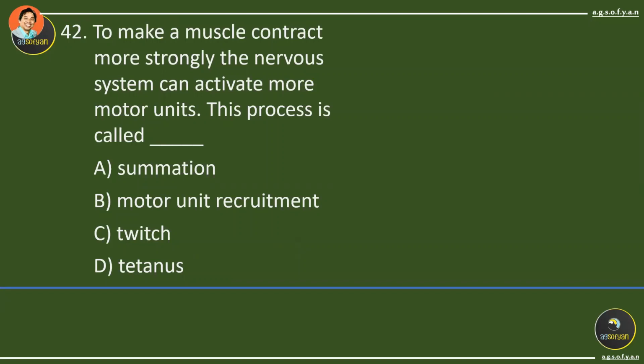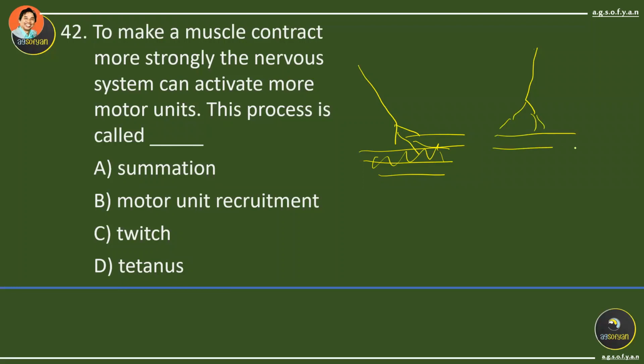To make a muscle contract more strongly, the nervous system can activate more motor units. So it's not only one motor unit that will be activated. Like we have a motor neuron that innervates several muscle tissues over here, and there will be maybe another neuron that innervates other muscle tissue. So this is motor unit number one. This is motor unit number two.